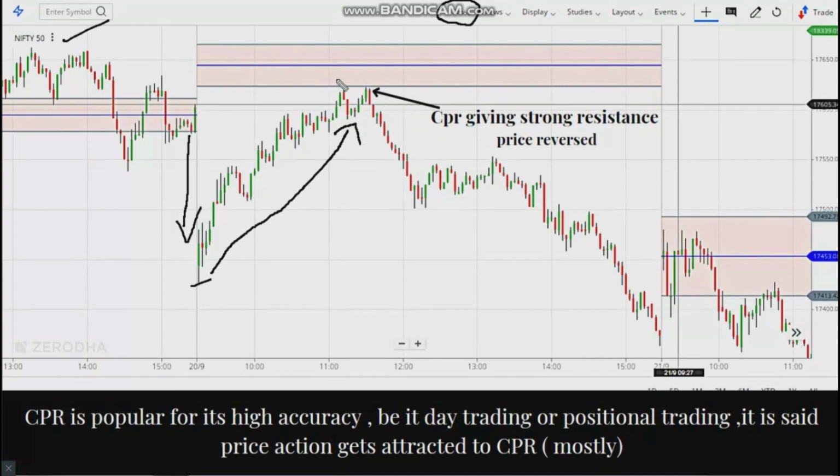However, the market faced strong resistance at this level, and this resistance was provided by bottom CPR, and market actually turned from here and gave a big fall. So as I told you, CPR gives good support and resistance to the price action candle. CPR is popular for its high accuracy, be it day trading or positional trading. It is said price action gets attracted to CPR mostly.